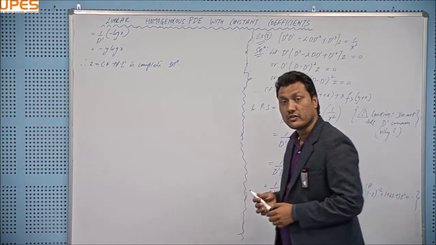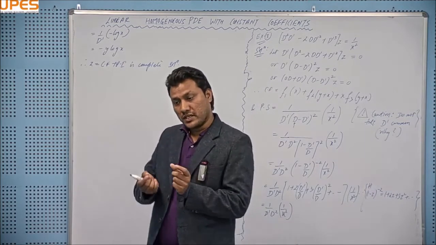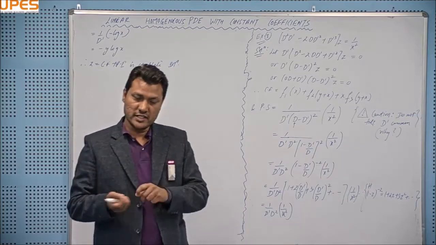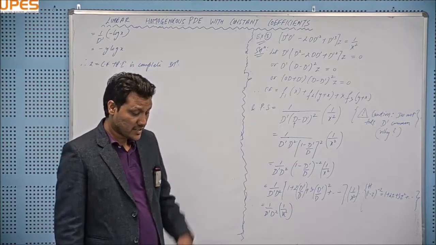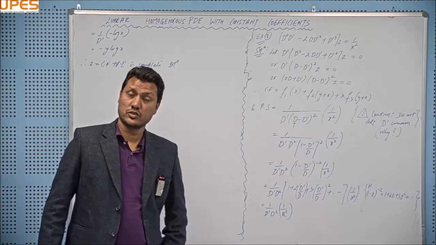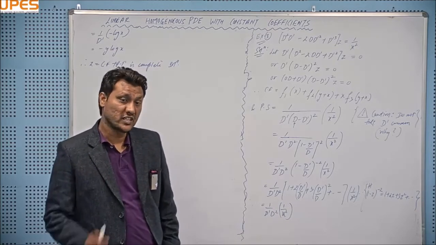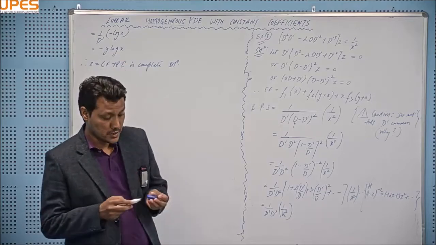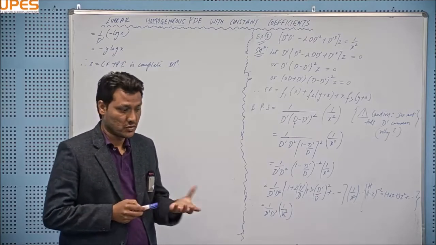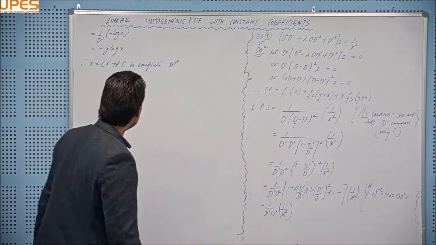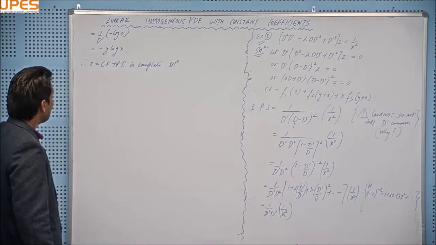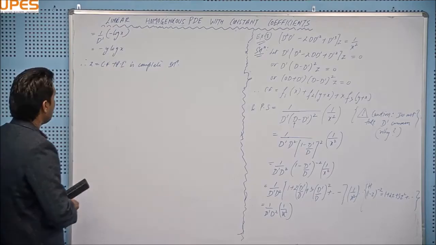When the right hand side was phi of ax plus by, we just replaced d by small a and d dash by small b, and performed the integration n times. In that case there is always a danger of getting 0 in the denominator. So we are discussing that case, which we call the exceptional case, when the denominator is equal to 0.